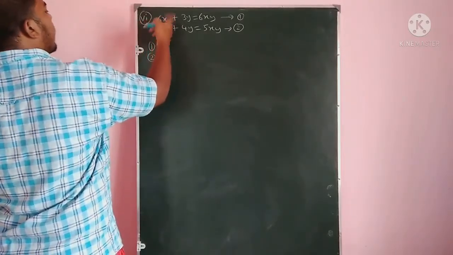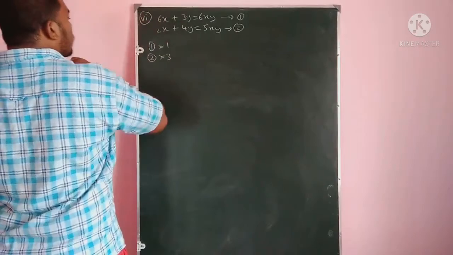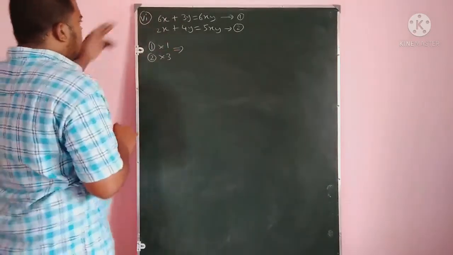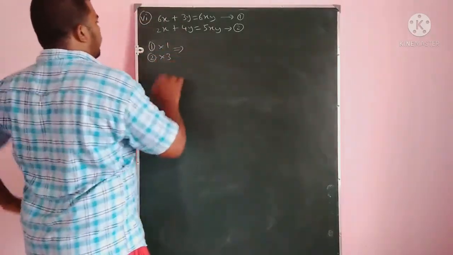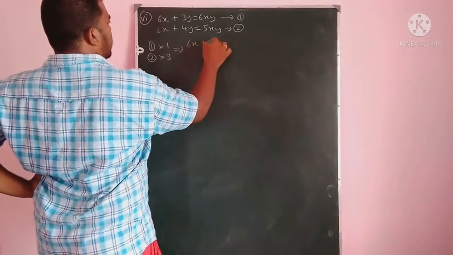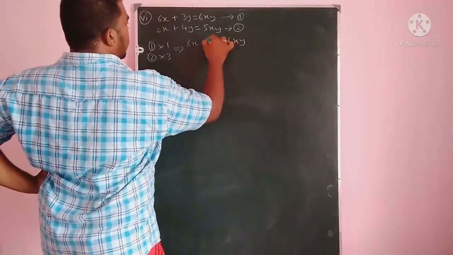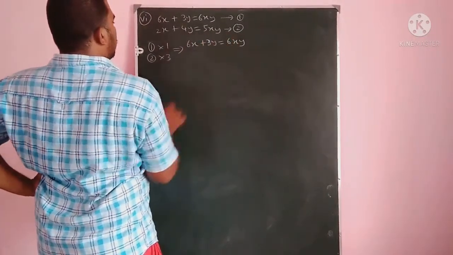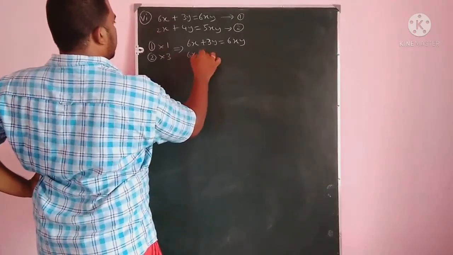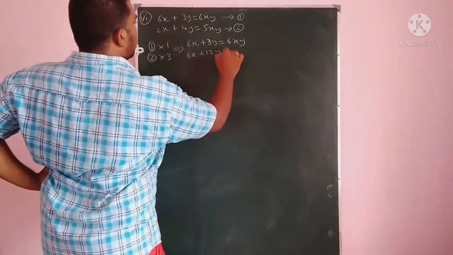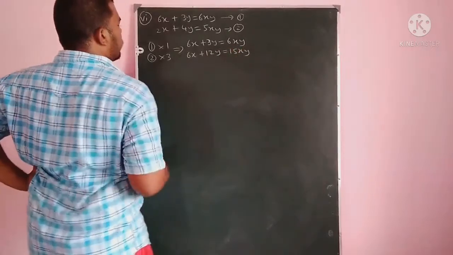Then no need to multiply with any other non-zero constant. So the first equation, if you multiply with 1, that is enough. So 6x plus 3y is equal to 6xy. 2 with 3 means 6x plus 12y is equal to 15xy.